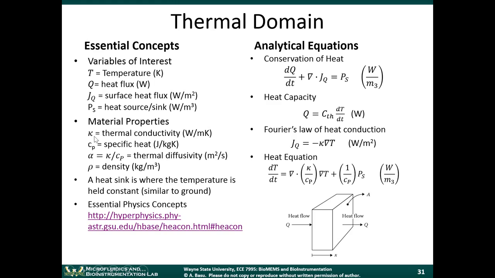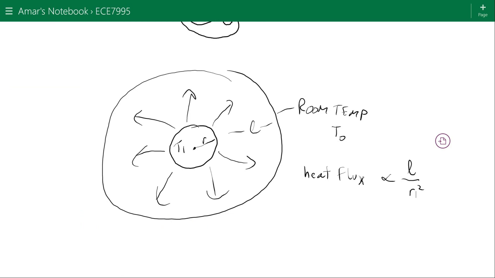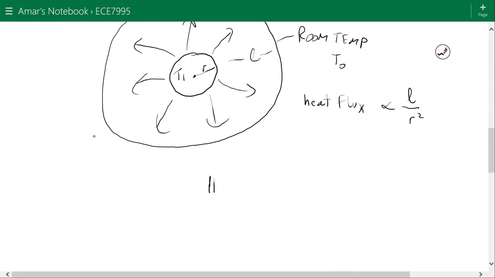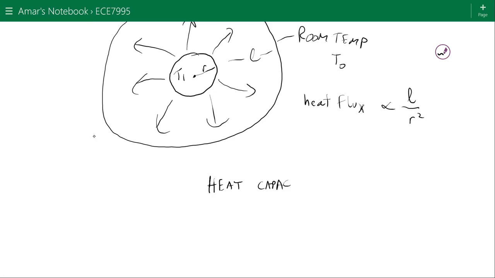So let me write that down. I don't think it's in the notes here. Heat capacity. It's the ability of an object to retain heat. So whatever this object's heat capacity equals, the mass times the specific heat. We call that Cp.